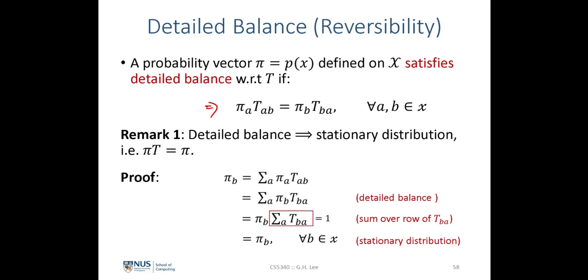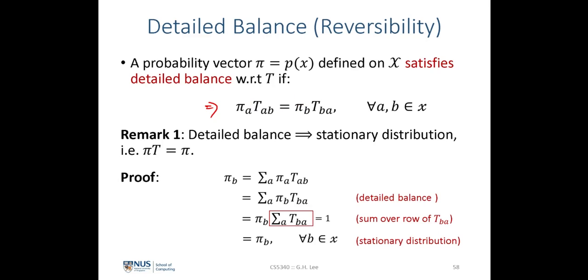What this means is that it can be reversed. It means that from A, if I transit to B using the transition matrix here, the transpose of this transition matrix applied on B should get me back to A.